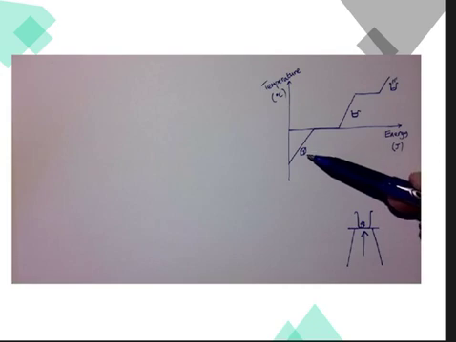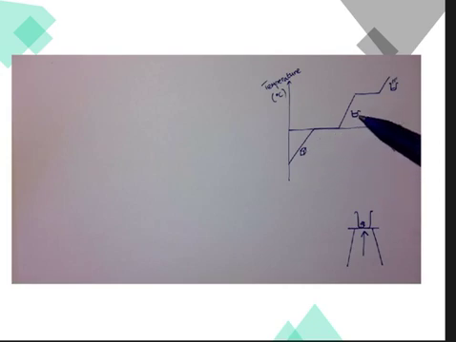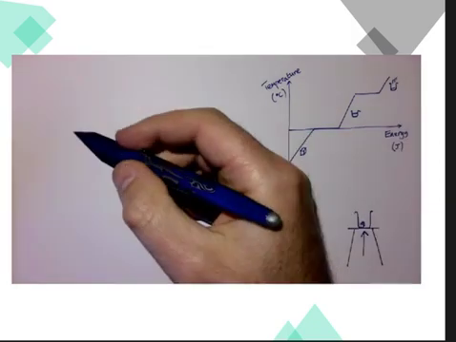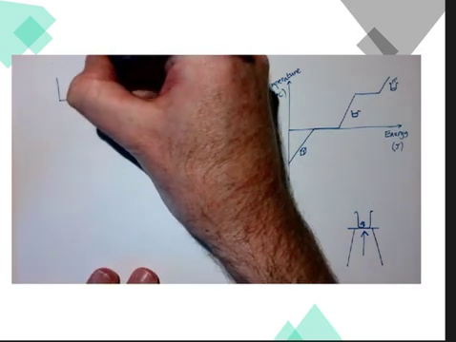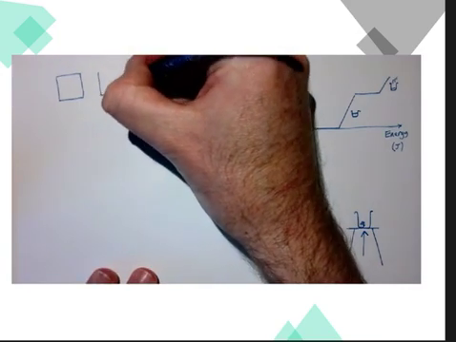We've got to change the state from solid to liquid, and then from liquid to gas. So let's remind ourselves of what a solid, a liquid and a gas look like.